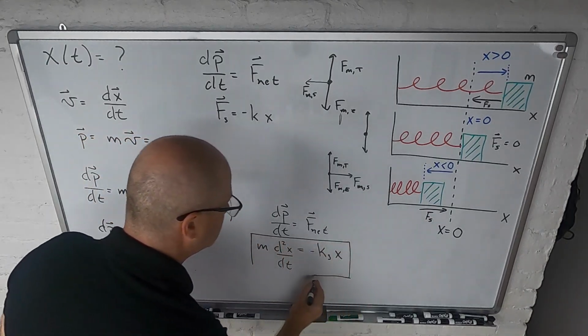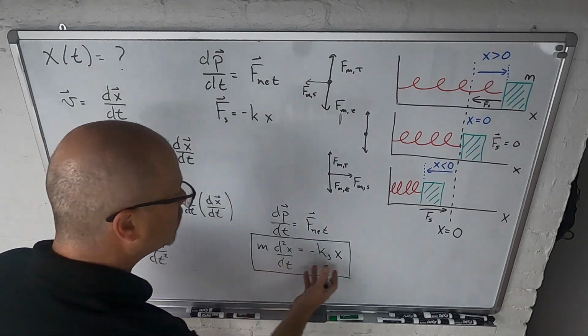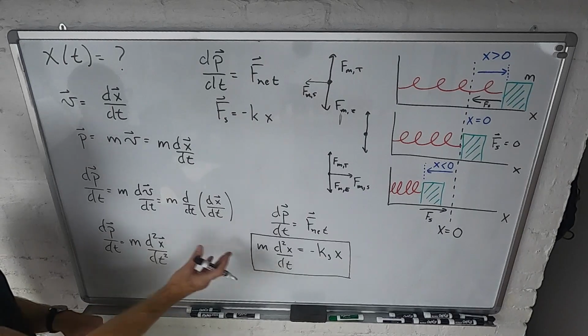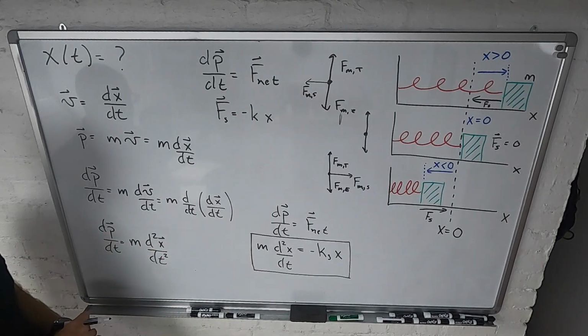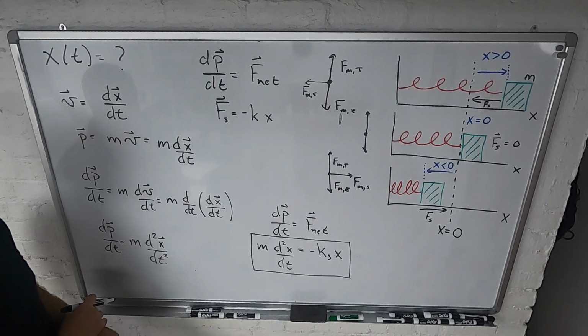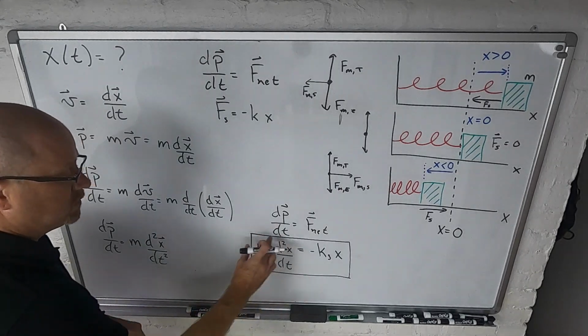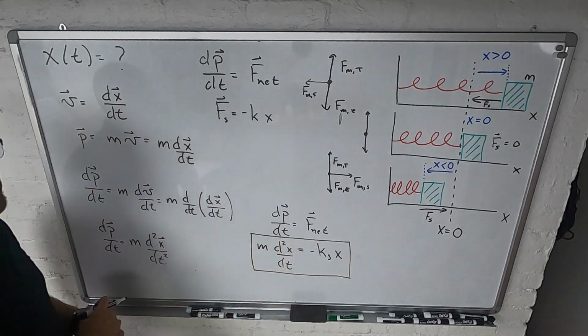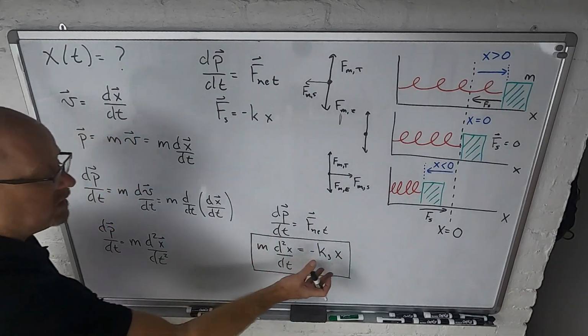For a spring, this is the equation of the momentum principle. It is a differential equation, and so that means that I have a differential quantity on this side, perhaps, and a non-differential quantity on this side.